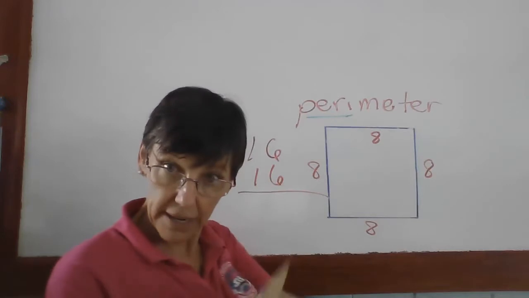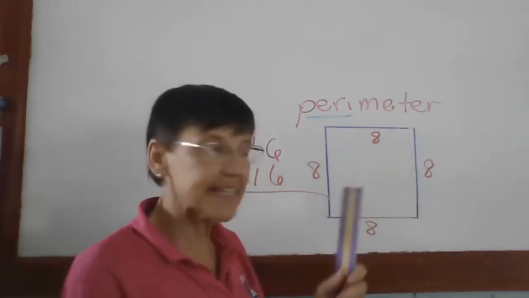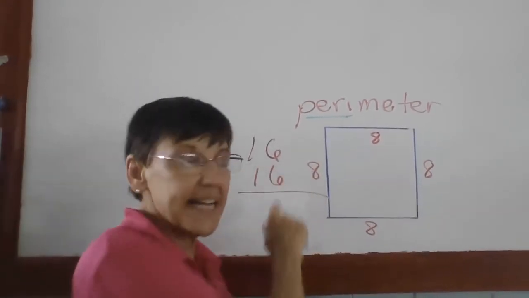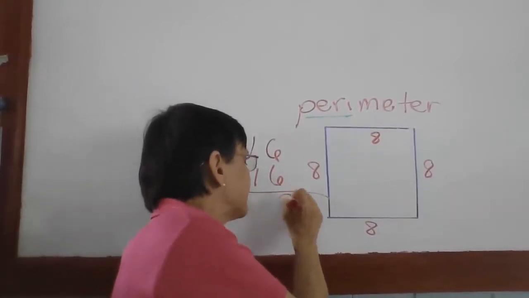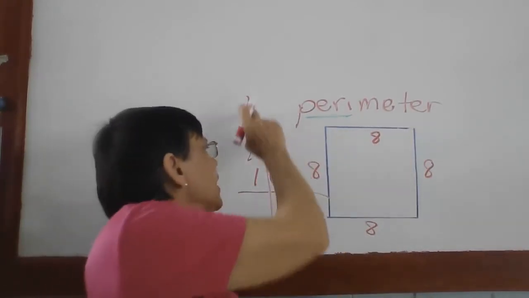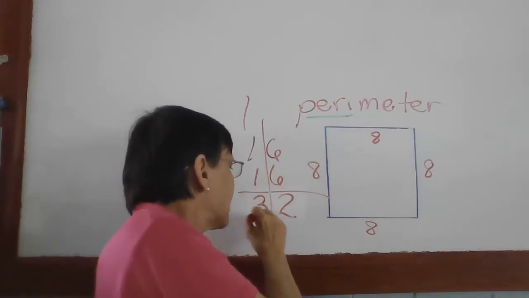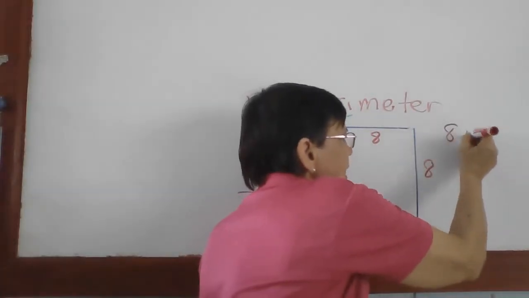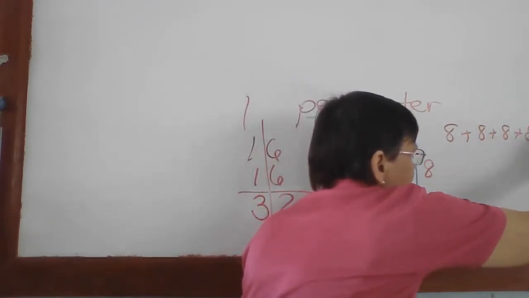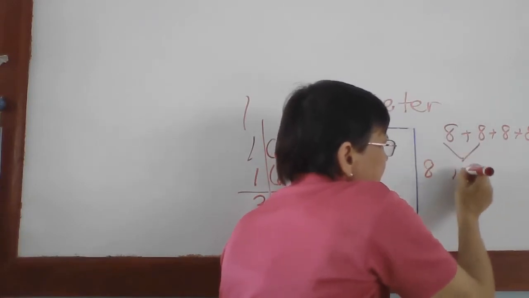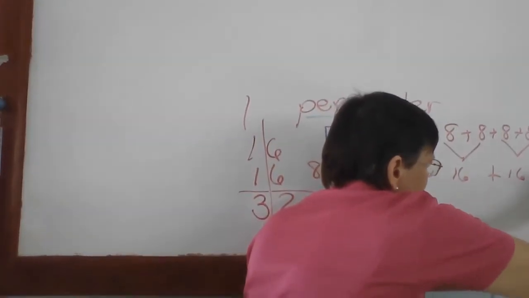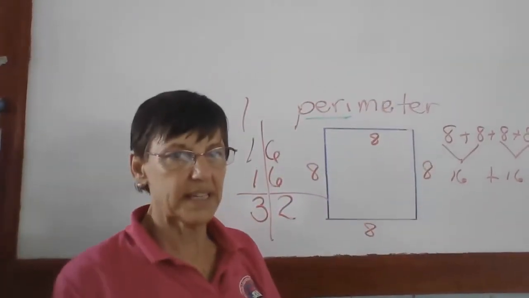Okay, we add them together. 6 and 6 is what? 12. What do you do with that 1? Carry your 1, don't you? 1, 2, 3. My perimeter, 8 plus 8 plus 8 plus 8 is 32, right? 16 plus 16 is 32. Cool. You see that?